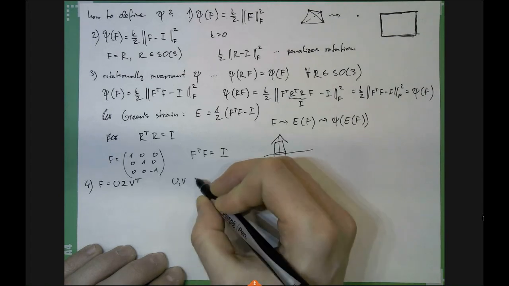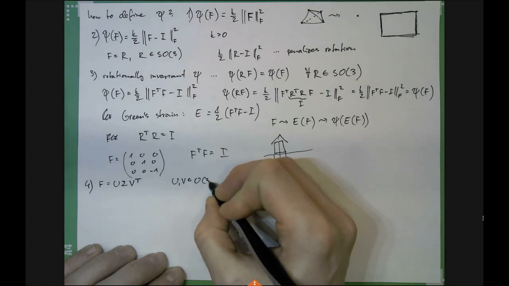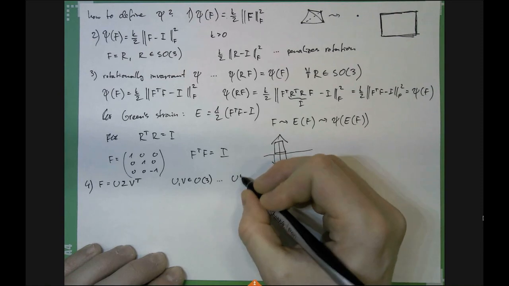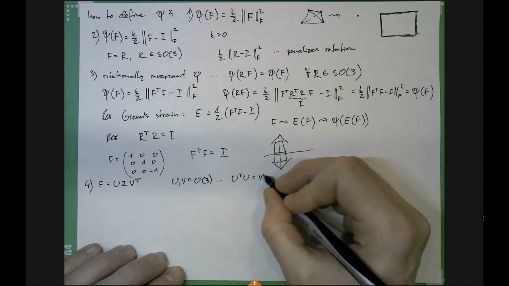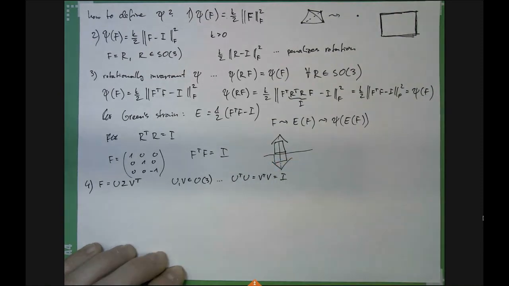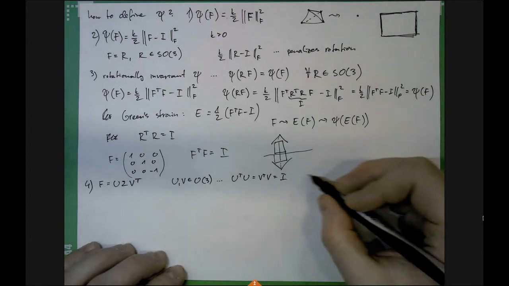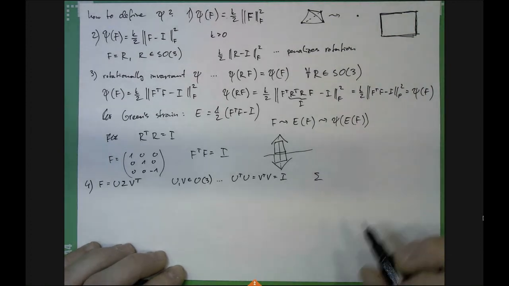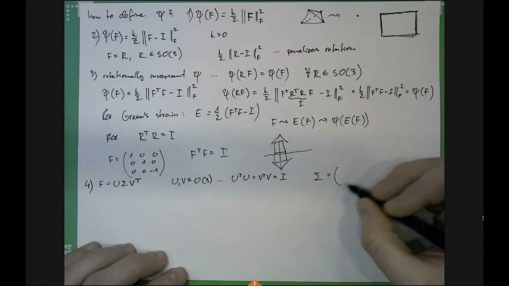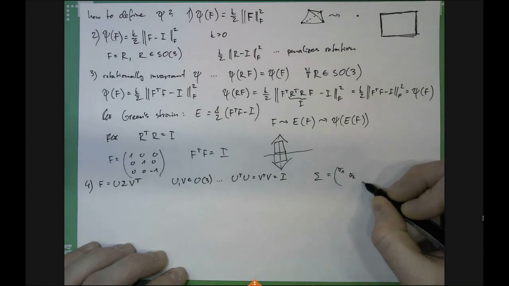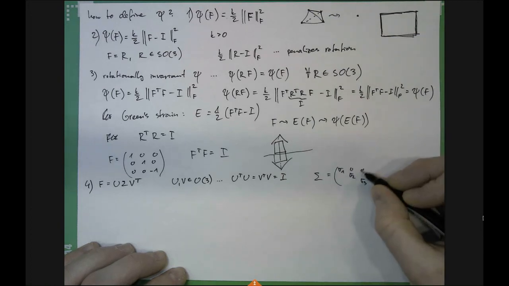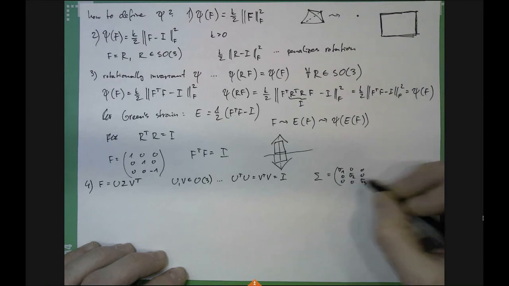So U and V are 3x3 orthonormal matrices. That means that U transpose U and V transpose V are identity. And sigma is the matrix of singular values, right? Sigma is a matrix that looks like this: sigma 1, sigma 2, sigma 3 on the diagonal, and 0 elsewhere.